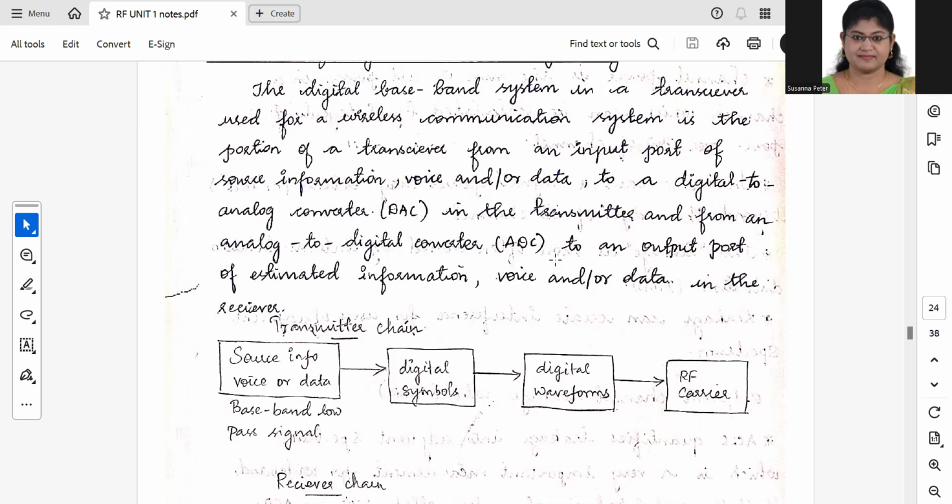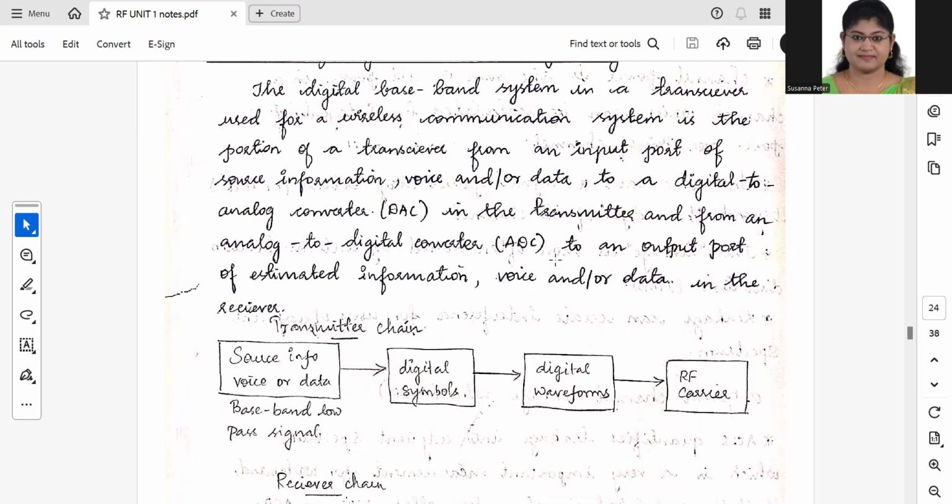The fourth component of our digital baseband system is the transmission medium, which is a channel. A medium is always called a channel. It is a physical medium like copper wires, optical fiber, or wireless. These can be the medium for your transmission.